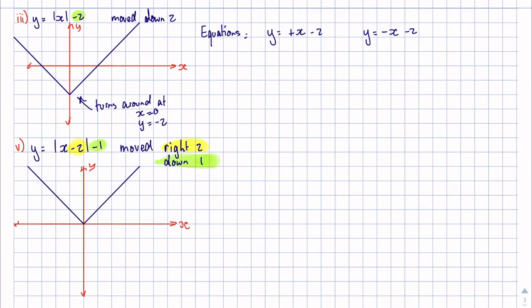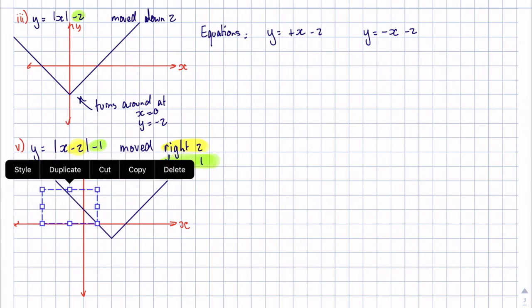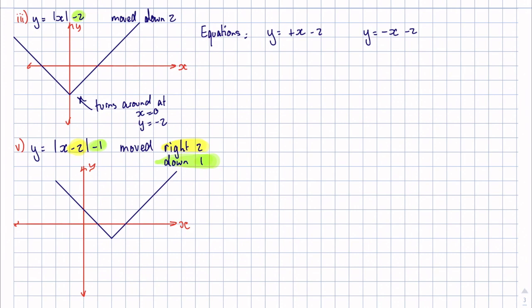There we go. Instead of looking like that, we've moved right 2 and down 1: 1, 2, down 1, 2, and down. And then we just use our ruler to keep going. So this one turns around at x equals 2, y equals minus 1, as you'll notice.